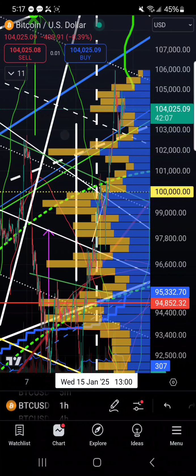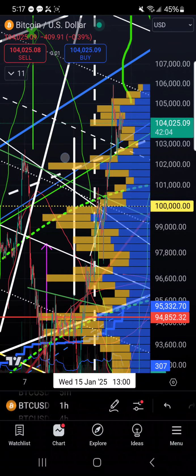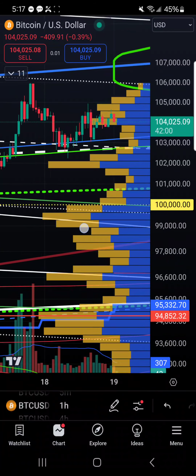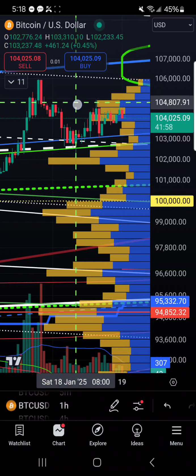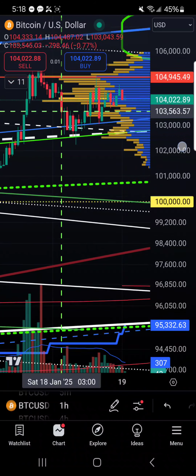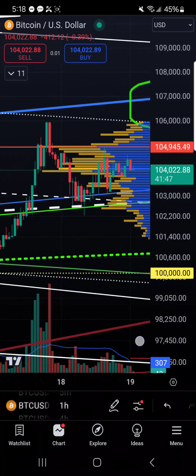And earlier in the day, well, I'll show you. I'll zoom in here, when we were up here. Let's just zoom in more.